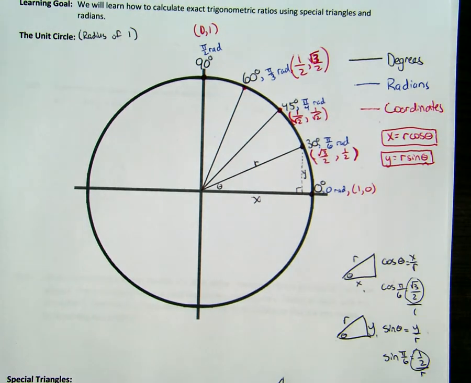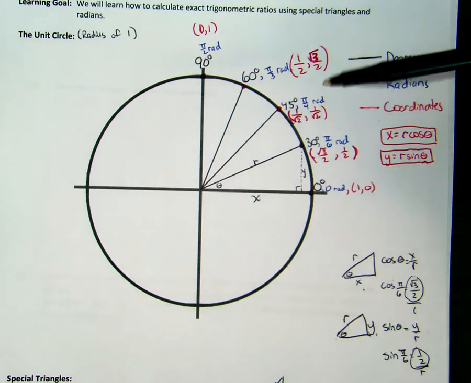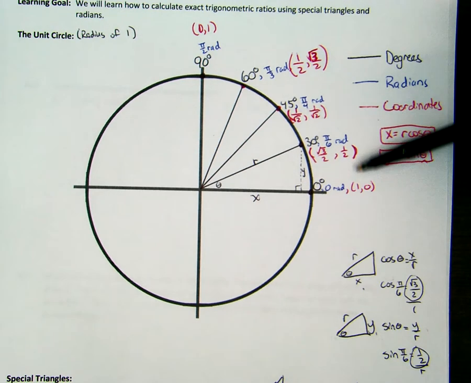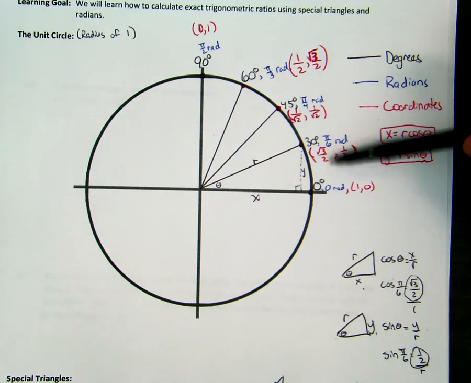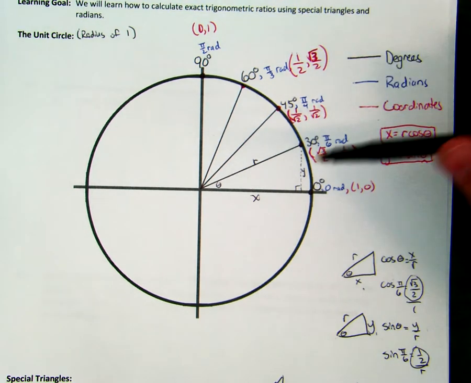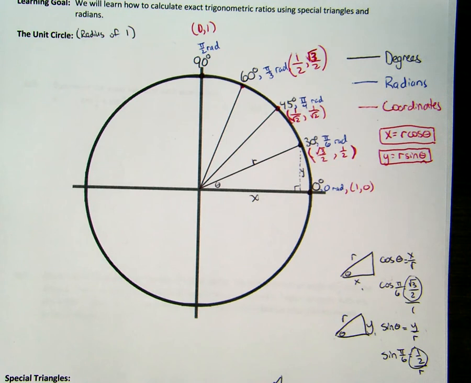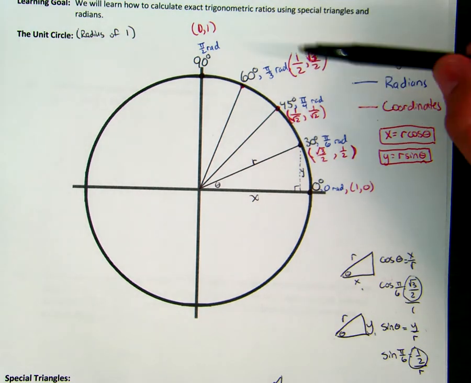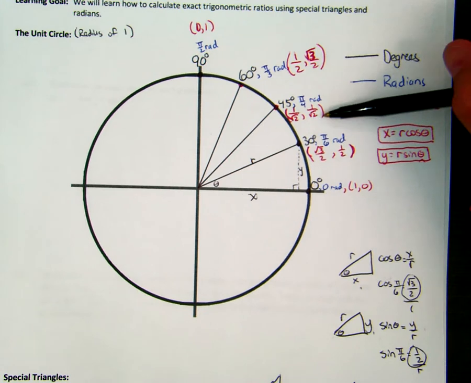We're going to be trying to work with exact values here for a while. So I'm going to do the same thing in the second quadrant. And note that in the first quadrant, all of the cos values, which are all the x coordinates, are positive because of CAST, or all sandwiches taste crummy is how I remember it. So in the first quadrant, everything's positive, all the coses, all the sines.